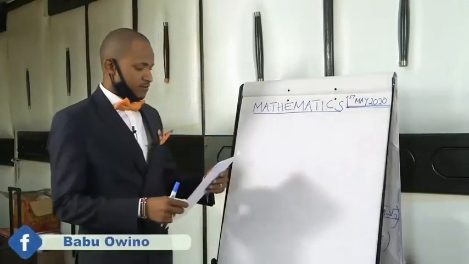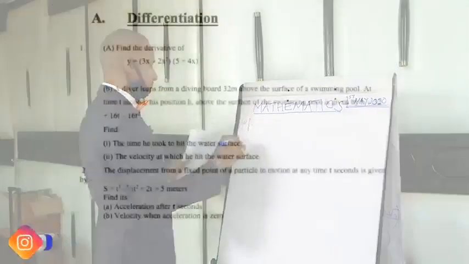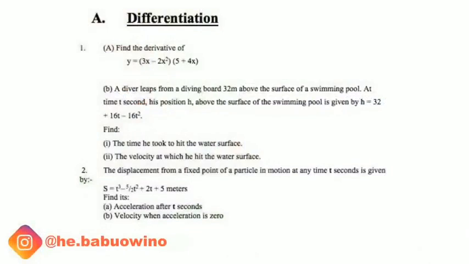Number one, we have differentiation. Question number one. Find the derivative of y equals 3x minus 2x squared, multiplied by 5 plus 4x.